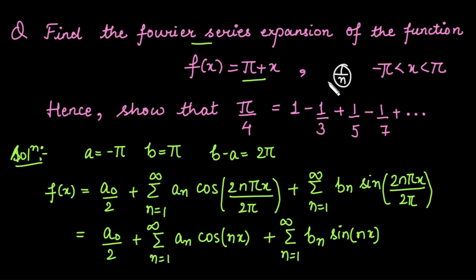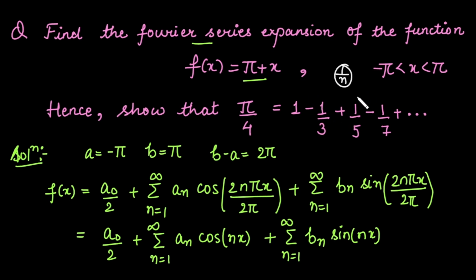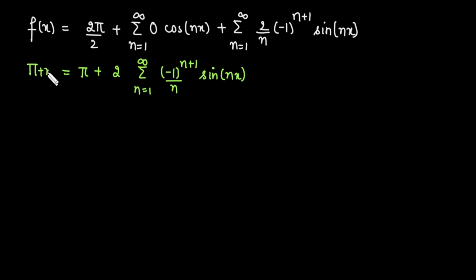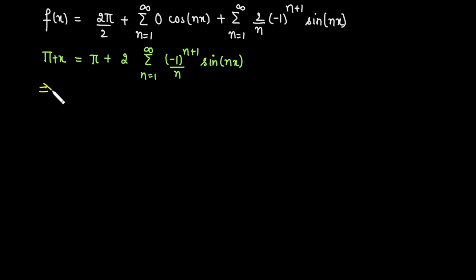So let's observe that for what value of x we are getting this expression from the Fourier series. From here we are having pi plus, we can take 2 outside, summation n from 1 to infinity minus 1 raised to power n plus 1 upon n sine of n into x, and on right hand side we have a function pi plus x. We can further simplify this.